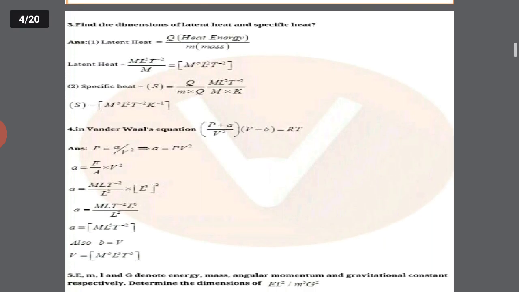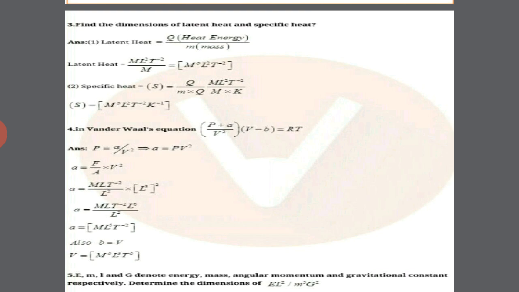Find the dimensions of latent heat and specific heat. Latent heat, Q is heat energy, Q by M, it is heat energy upon mass. Latent heat formula is M L square T minus 2 upon M. It will become M0 L square T minus 2.